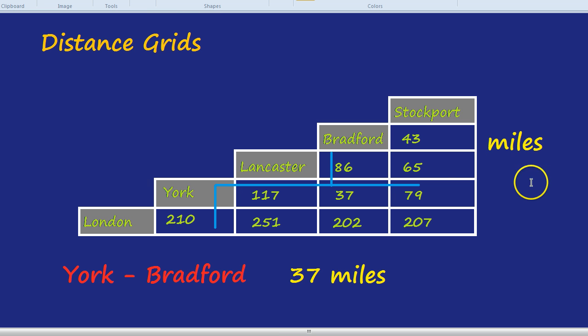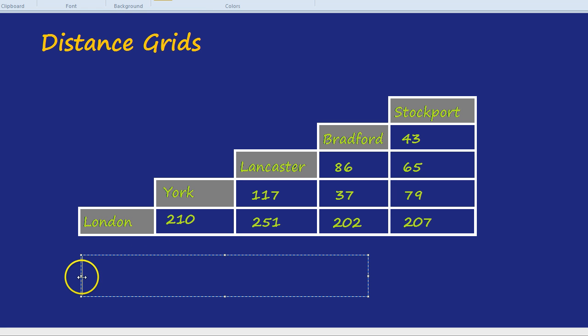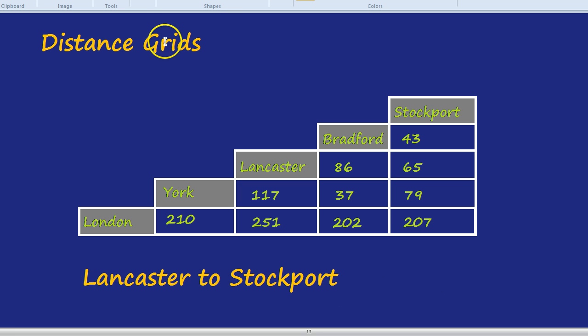Okay, let's do some other conversions using this trick. How about Lancaster to Stockport? The distance from Lancaster to Stockport. Well, Lancaster is going to be everything going across from Lancaster and everything going down from Lancaster.